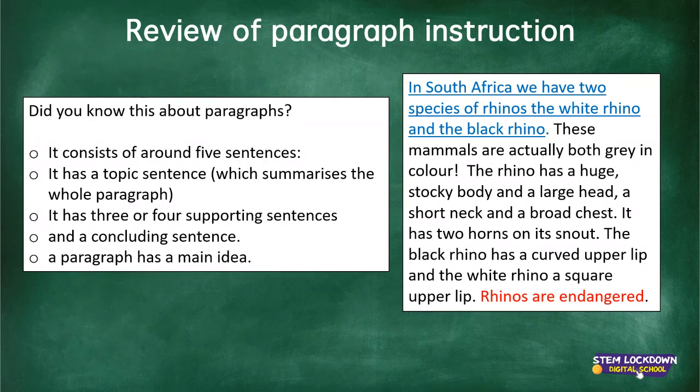Sorry that I've got a frog in my throat today, and it's got a concluding sentence. Do you see? Rhinos are endangered. This paragraph's got a main idea, and the main idea actually is that first sentence. There's two species of rhinos, the white rhino and the black rhino. You got the idea? You ready to do an activity? Good.